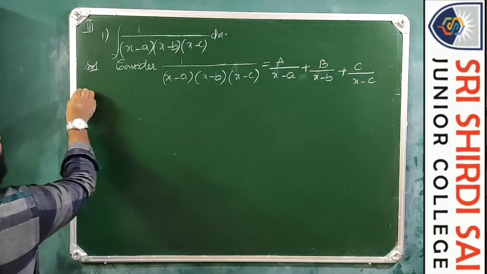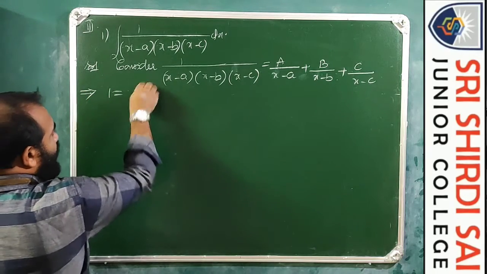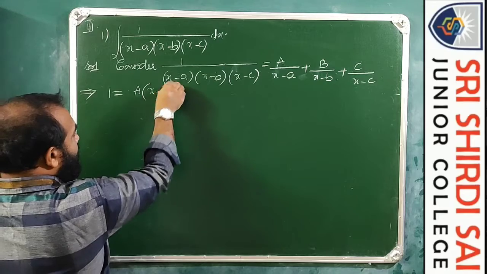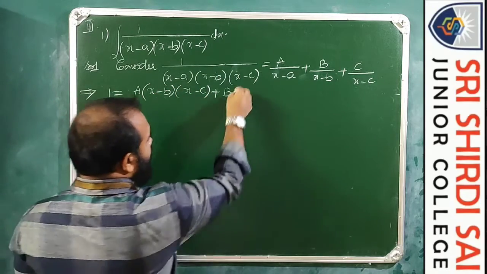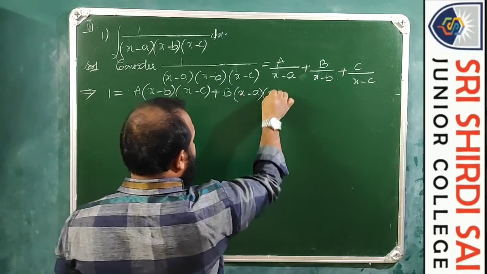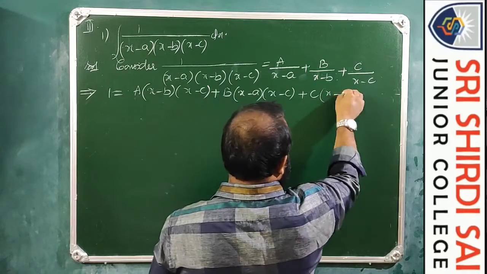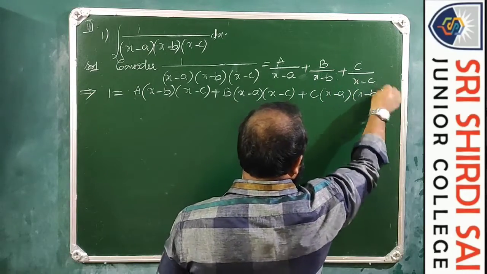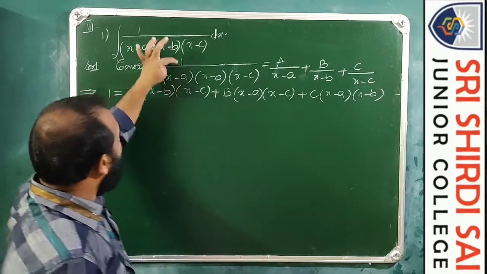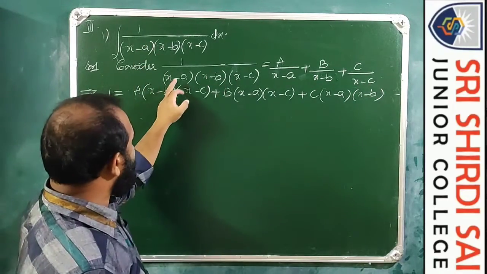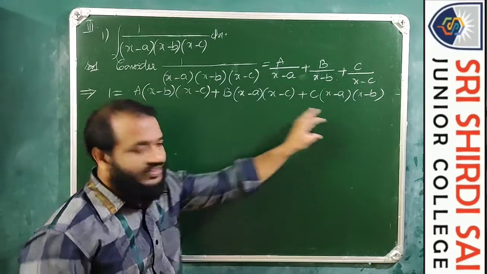So this implies 1 is equal to A into (x minus b) into (x minus c) plus B into (x minus a) into (x minus c) plus C into (x minus a) into (x minus b), by (x minus a) into (x minus b) into (x minus c), 1 by this. So these denominators on both the sides get cancelled. After cancelling we get this.